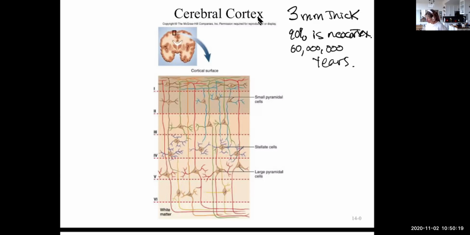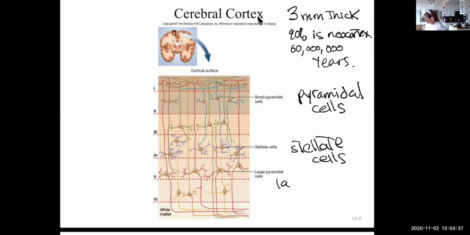And it consists of different kinds of cells, pyramidal cells, stellate cells, and large pyramidal cells. Some tend to project to the spinal cord, and some communicate within the lobes.